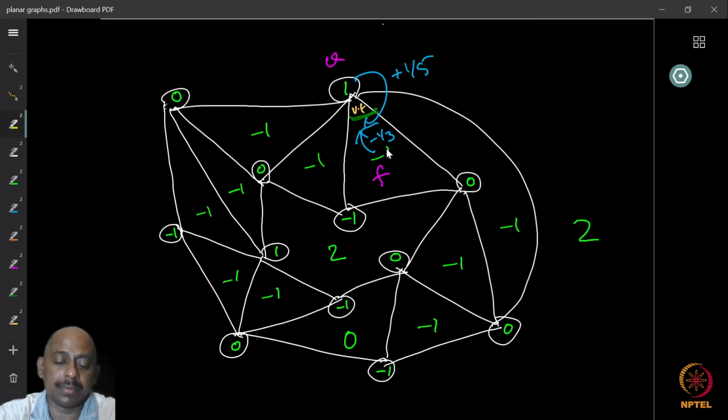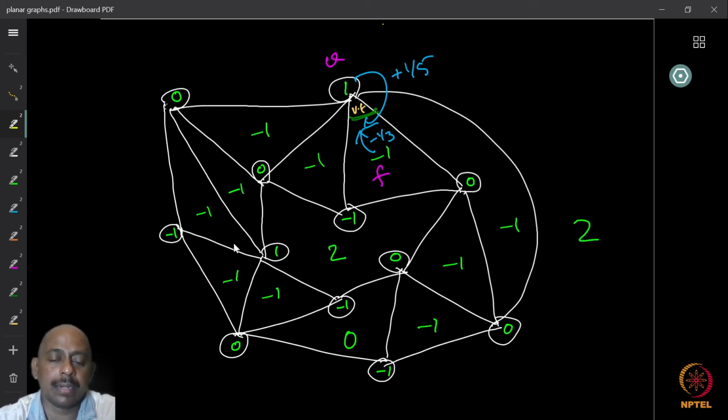Its charge is minus 1. It has exactly three neighbors, 3 corners. So minus 1 by 3 goes to this corner. So this corner gets plus 1 by 5 and minus 1 by 3. The sum of these two will be its charge. Similarly, you will get this for each corner.